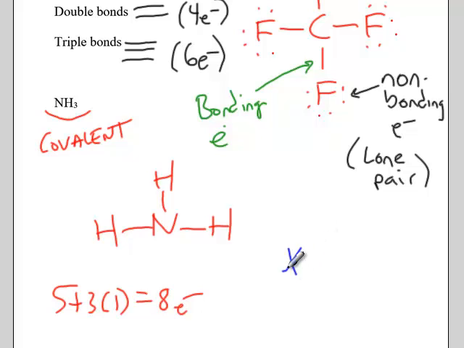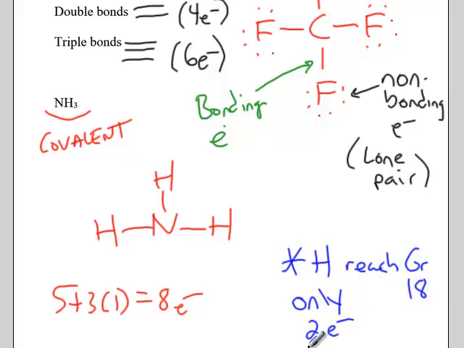It's very important to remember hydrogen can reach group 18 with only 2 electrons total. So the octet rule is satisfied for each one of these hydrogens because we've reached the group 18 stability of helium. Remember, helium only has 2 valence electrons.